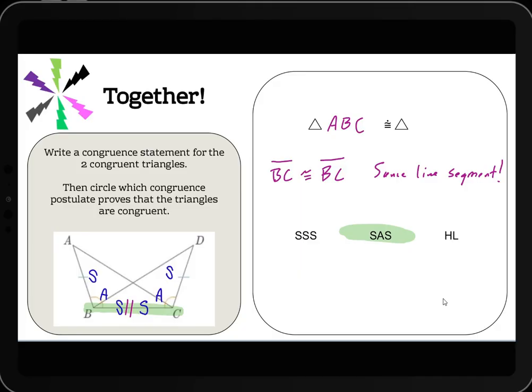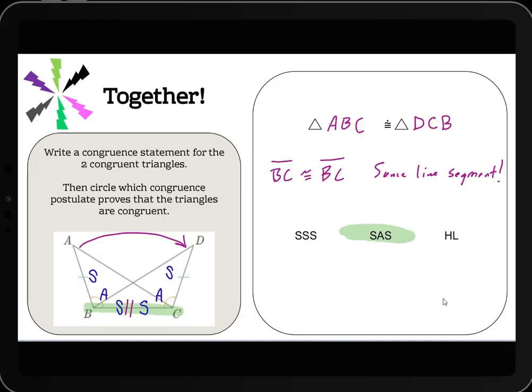That, however, will determine the order of your second triangle. So, for example, I know that A matches up with D, right? That is a corresponding angle. So the first letter of my second triangle needs to be D. I also understand that for the other ones, B is going to match up with C, and C is going to match up with B. So that is going to be my congruent statement in that particular case.